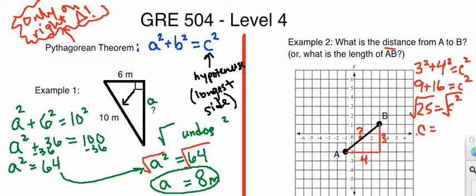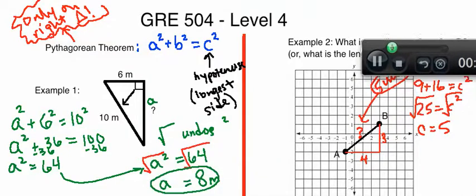And we get c equals 5. So our distance is 5 units. And I'm going to show you the distance formula in just a moment, but that's going to be the simplest way overall to find the length of a segment on a coordinate plane.